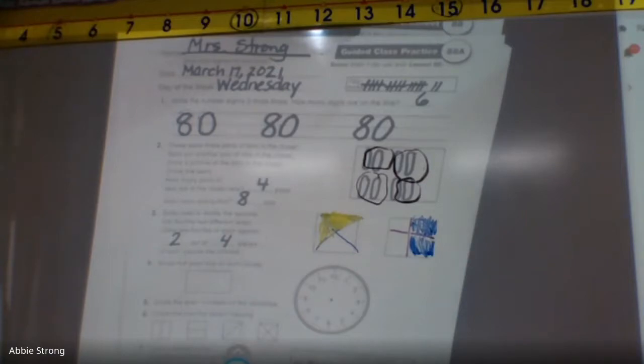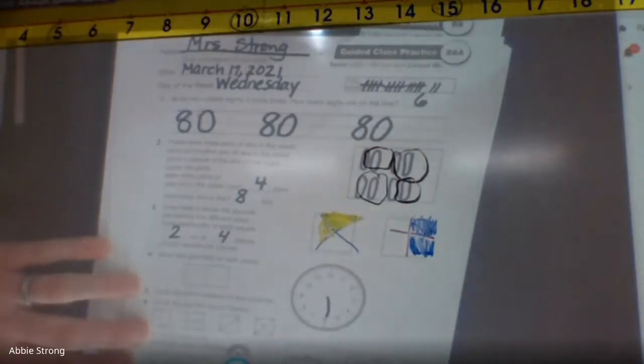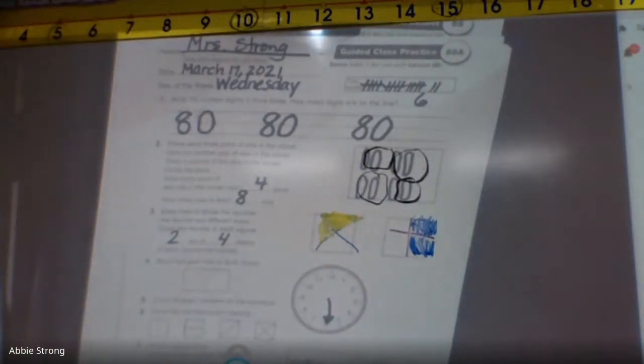It is moved halfway around the circle. It is pointing to a new number. What number, Alea, is that minute hand pointing to now? 6. So take your long minute hand. You're going to make a long line from that center circle, and then you're going to make a triangle at the bottom of it, pointing to the 6. That's the long hand.